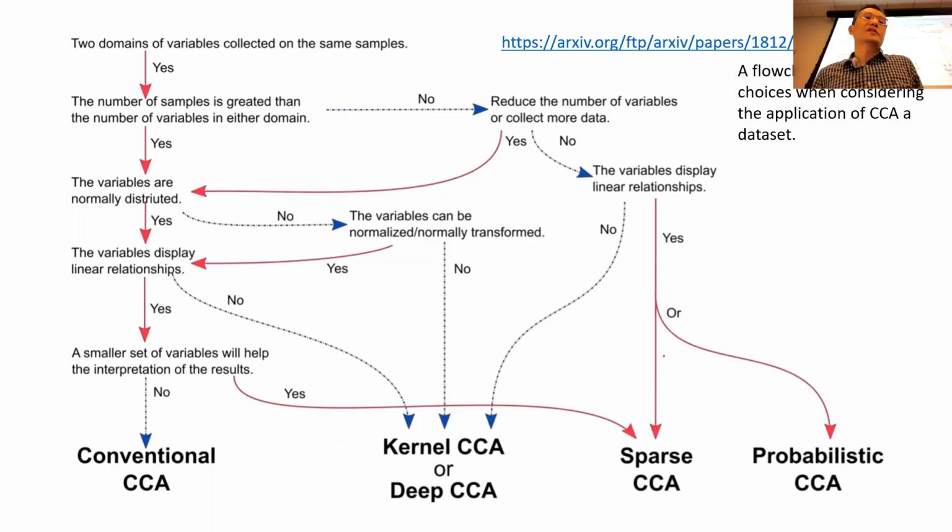So what we call conventional CCA has some assumptions: you have enough samples to give you the estimation of those variables, and you assume largely that you have normally distributed data, and also a linear relationship. If not, then you have other selections. For example, you want to transform data, use a kernel function. Remember kernel.